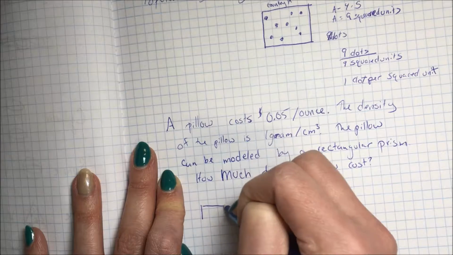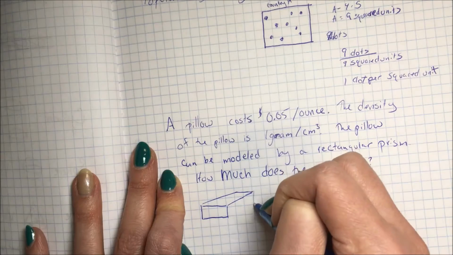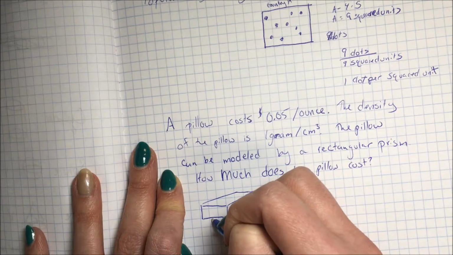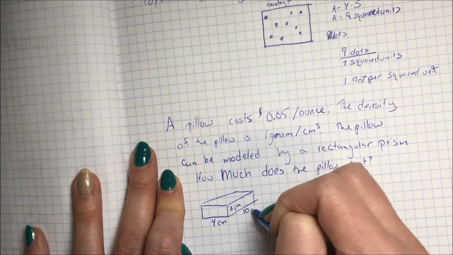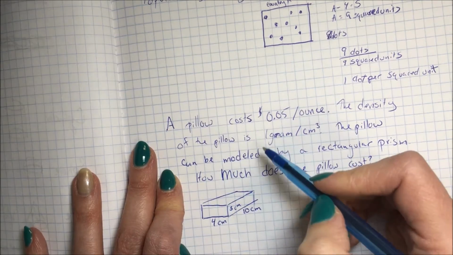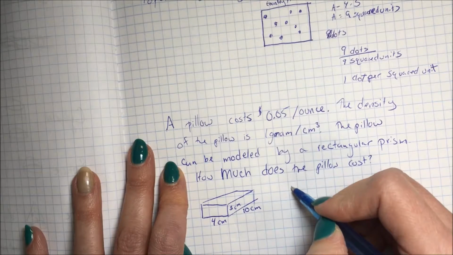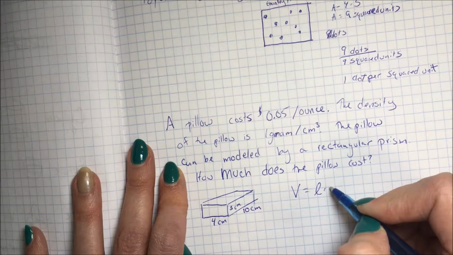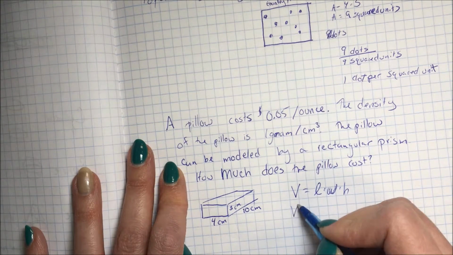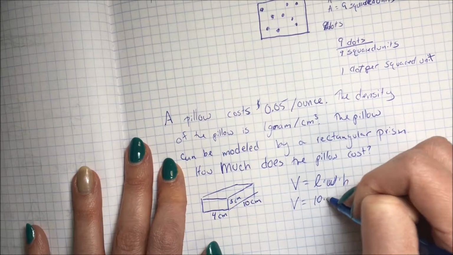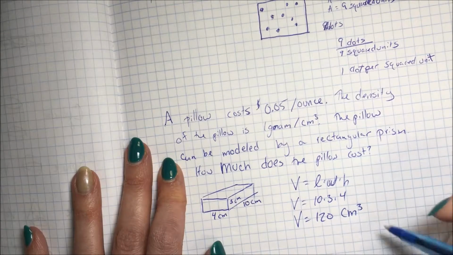Let's say my rectangular prism is this, and we'll say this is 4 by 3 by 10 centimeters. Okay, so they want me to find the price of the pillow. So I first need to find the volume of the pillow. The volume will be length times width times height, so 10 times 3 times 4. So the volume is 120 centimeters cubed.